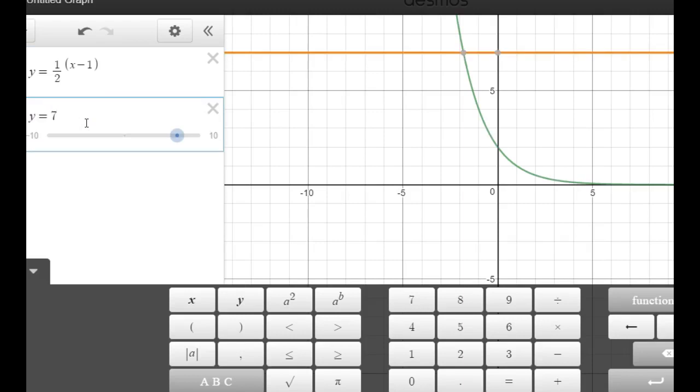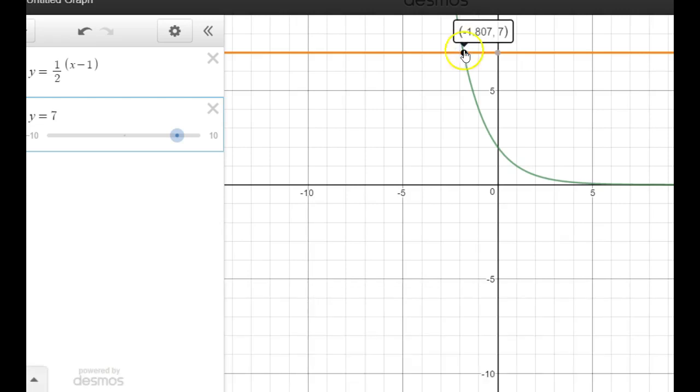Now I have those two equations graphed, and in your book it tells you to use the trace feature or the intersect feature. In Desmos, we can just click on the point where they intersect, because that's given to us, and it tells me that they intersect at x equals -1.8.